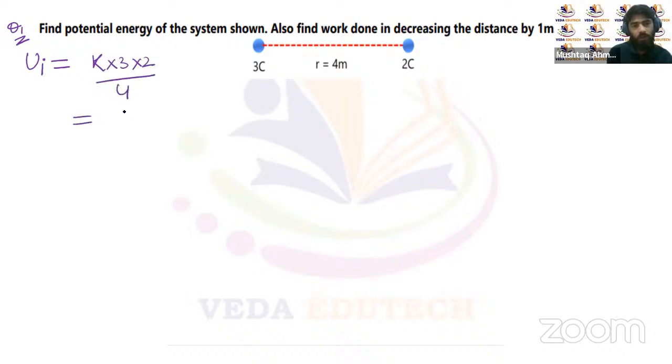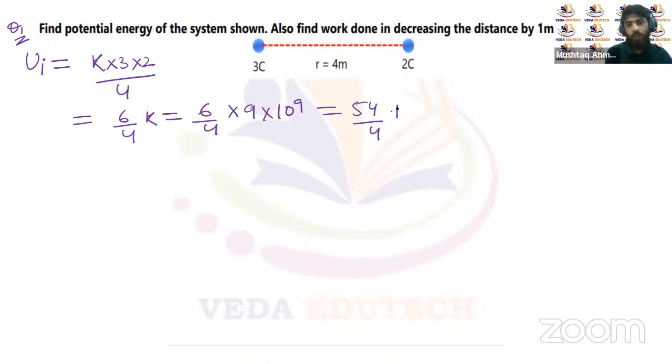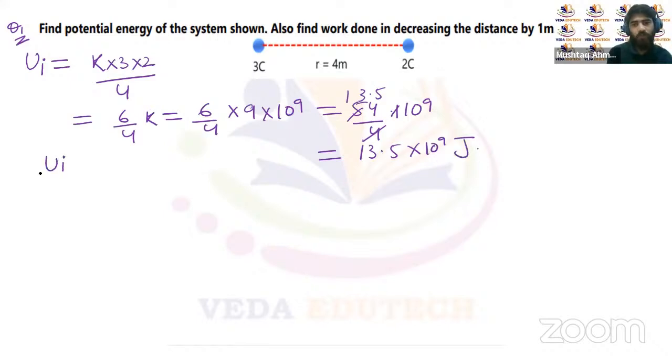So it will be 6 upon 4 into K. The value of K is 9 into 10 to the power 9. So it will be 54 upon 4 into 10 to the power 9, which is 13.5 into 10 to the power 9 joules. So this will be the initial potential energy of these two charges.